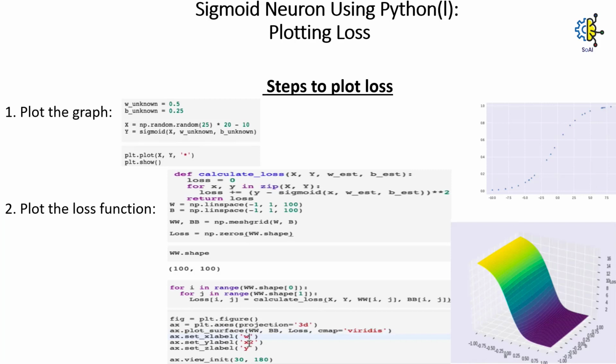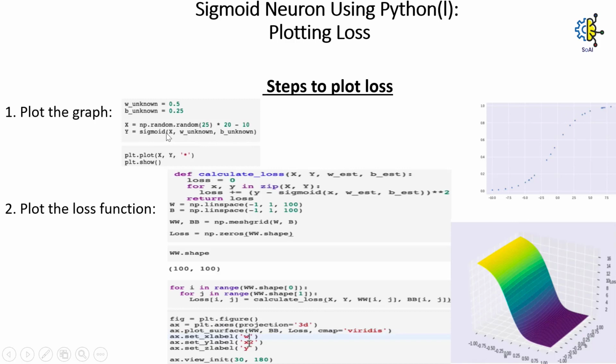Here we are going to learn the steps to plot. The first line says plot the graph, in which w_unknown is the variable which stores 0.5 and b_unknown variable stores 0.25, and x is equal to np.random function with 25, and this function will be multiplied by 20 and minus 10.